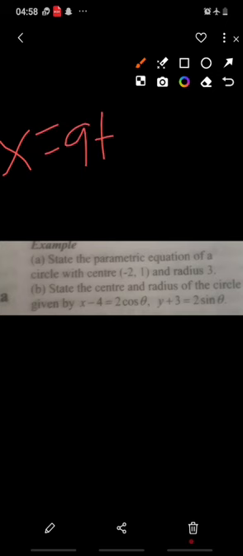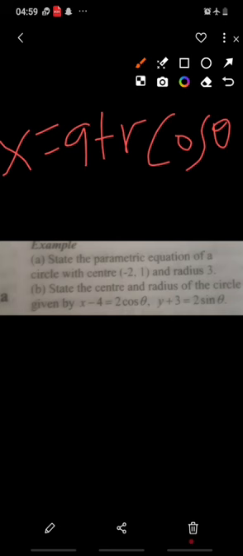a plus r cos theta, where a is the x coordinate of the center, and r is the position vector, or r is the line segment joining the center and any point on the circumference.